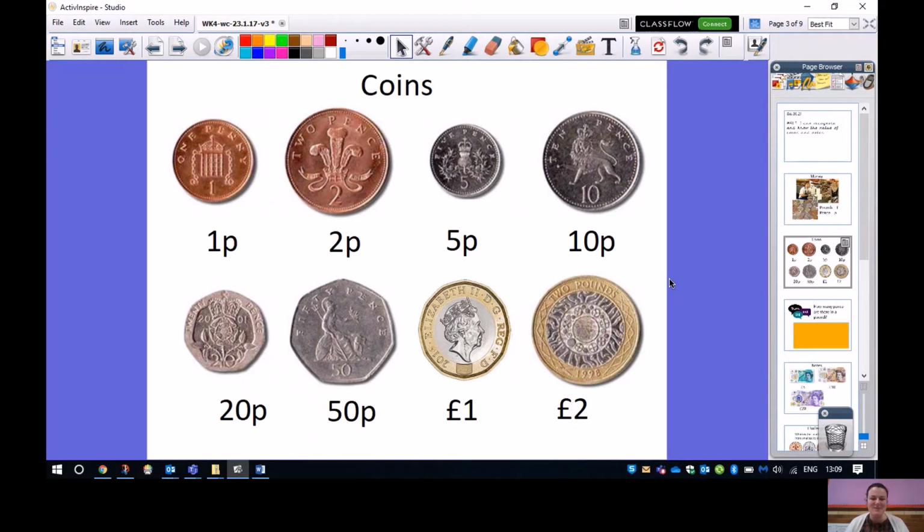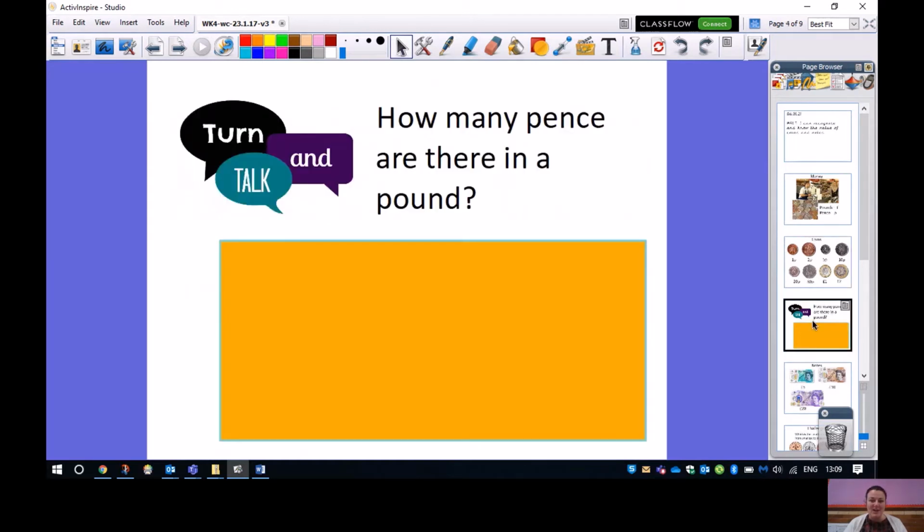Okay, what about the £2 coin then? How many £1 coins will I need to make £2? That's right, for £2 I will need 2 £1 coins. Now, we also have to think about how many 1p coins we would need to make £1. So if you have an adult with you now, this might be a nice point to turn and talk.